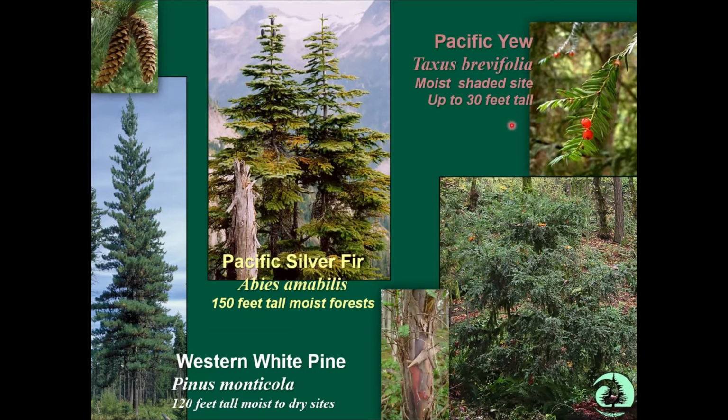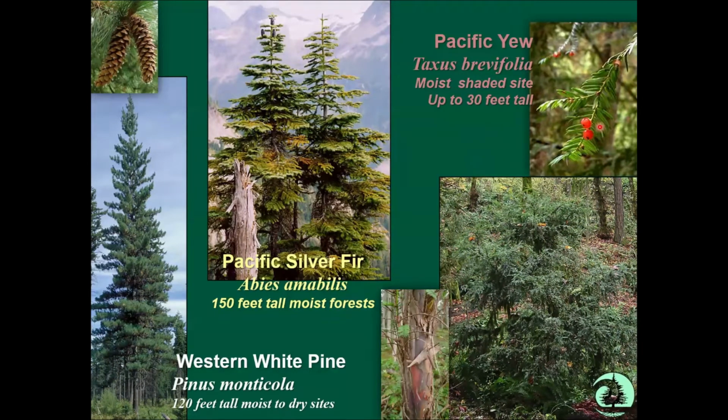And the Pacific yew tree. Pacific yew tree is often overlooked. It is a slow growing sort of shrubby tree up to 30 feet tall. Needs to have shade. It needs to have deep forest. It grows underneath forest canopy. Wonderful tree. It's got this peely bark here. The wood is highly prized wood. It's just really hard and beautiful.